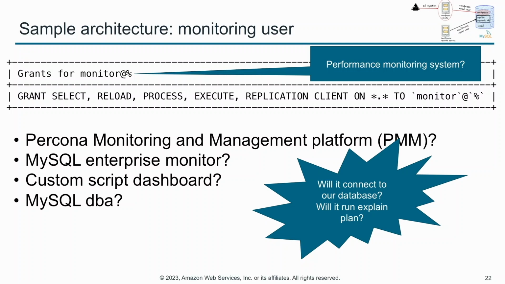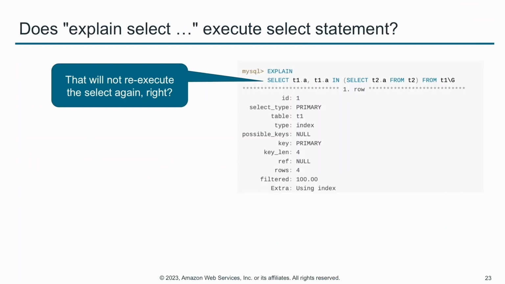Imagine that this PMM system, Enterprise Monitor, or MySQL DBA will constantly run explain plans to understand which queries are slow or not slow. So the explain will execute the select.